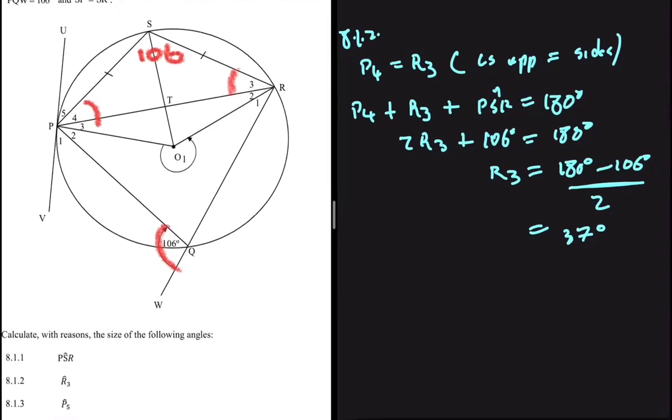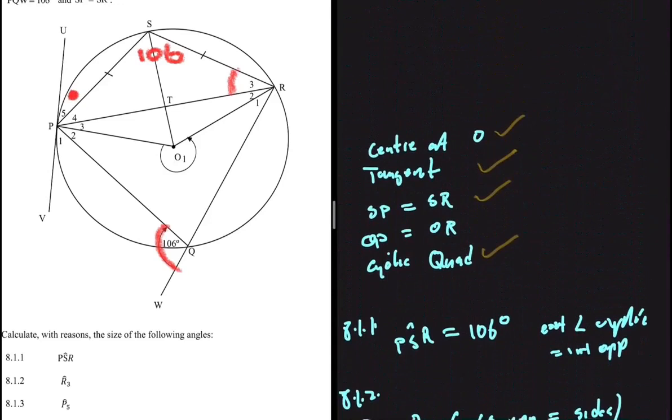Let's look at the question that follows, P5. So we're looking for the size of angle P5. Right, let's go back to our keywords, because that's the only thing we're supposed to use. Can we use the center to find the size of angle P5? Well, not quite. Can we use the tangent? Let's go ahead and find out. We have the tan chord theorem.